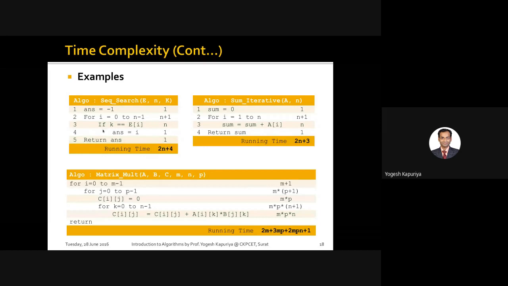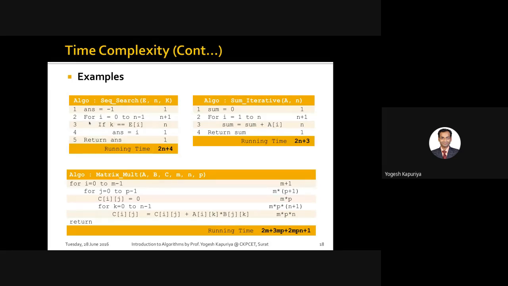Then I run a simple loop, starting with i equal to 0. Because I am starting with 0, I will not go till n, I will simply go till n-1. Remember, if it starts from 1, then you go till n. If it starts from 0, then you go till n-1. So I am running this loop for i equal to 0 to n-1.